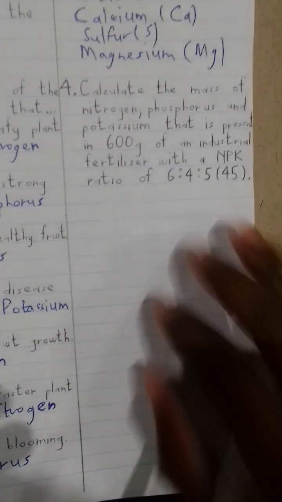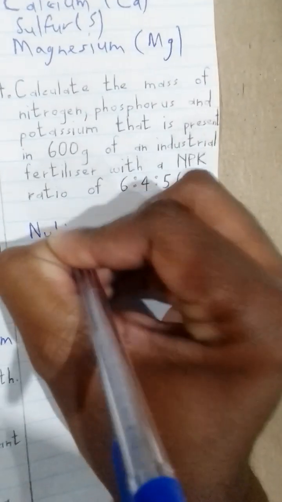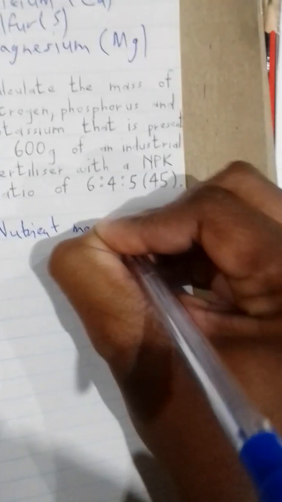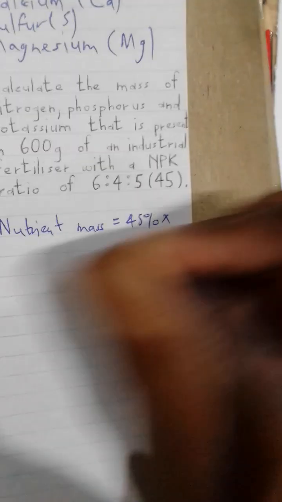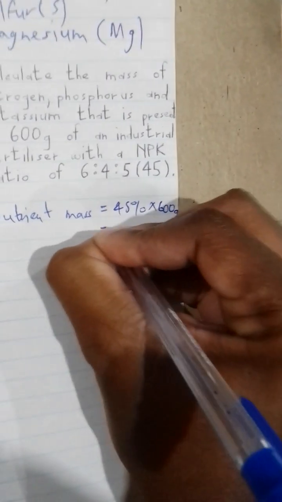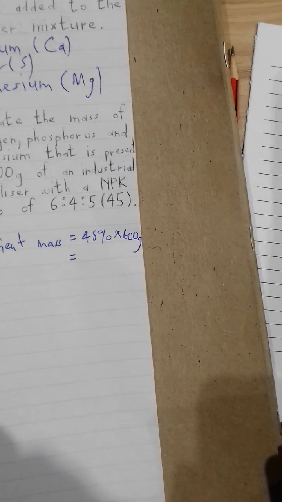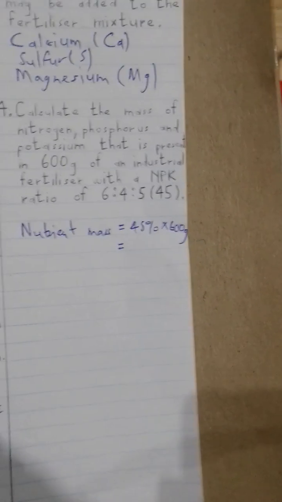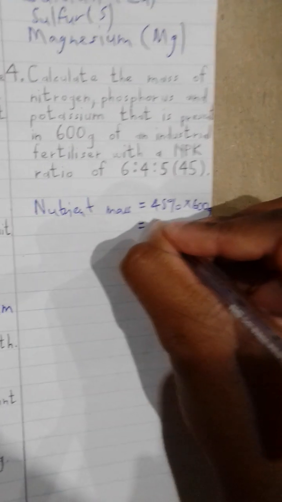So the nutrient mass is 45% of the mass, which is 600 grams. That is 270 grams.